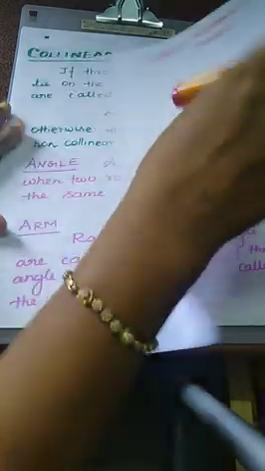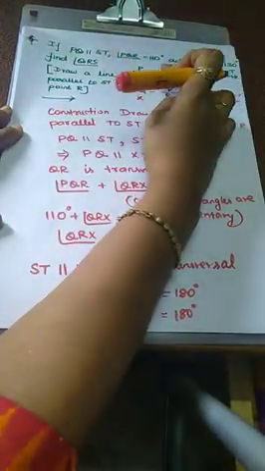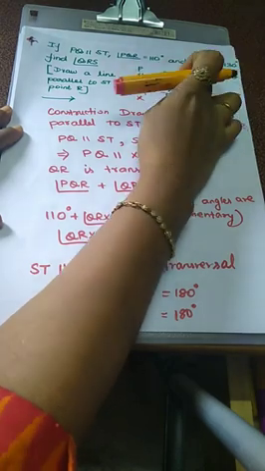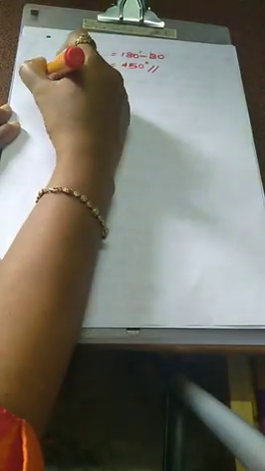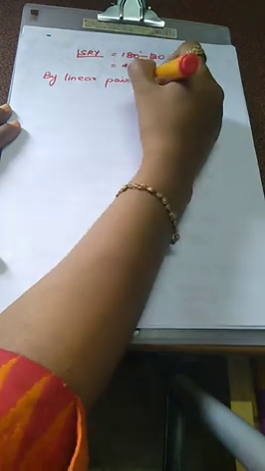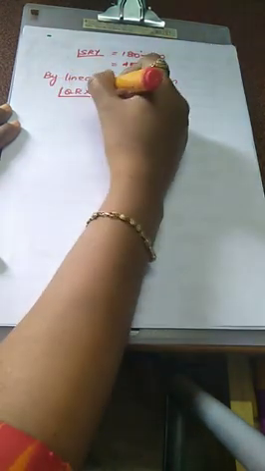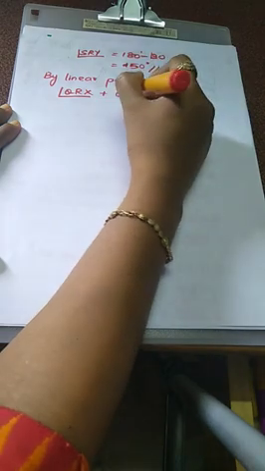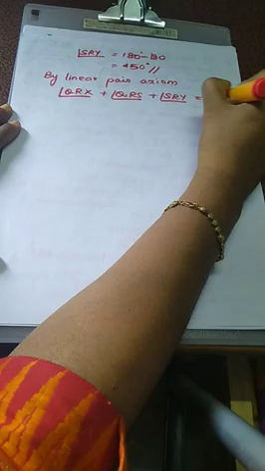Next we have to write QRX plus QRS plus SRY is equal to 180 degrees. Why are these three angles 180 degrees? By the linear pair axiom. So we apply the values.